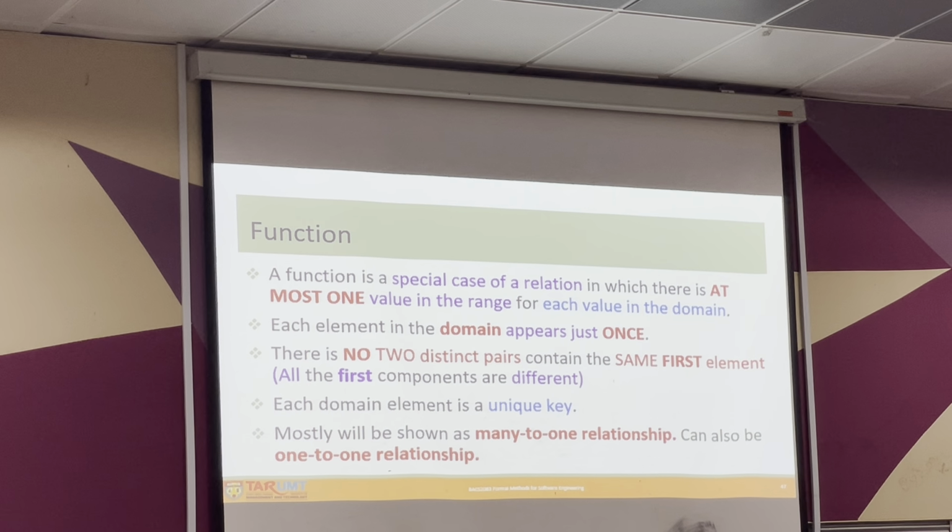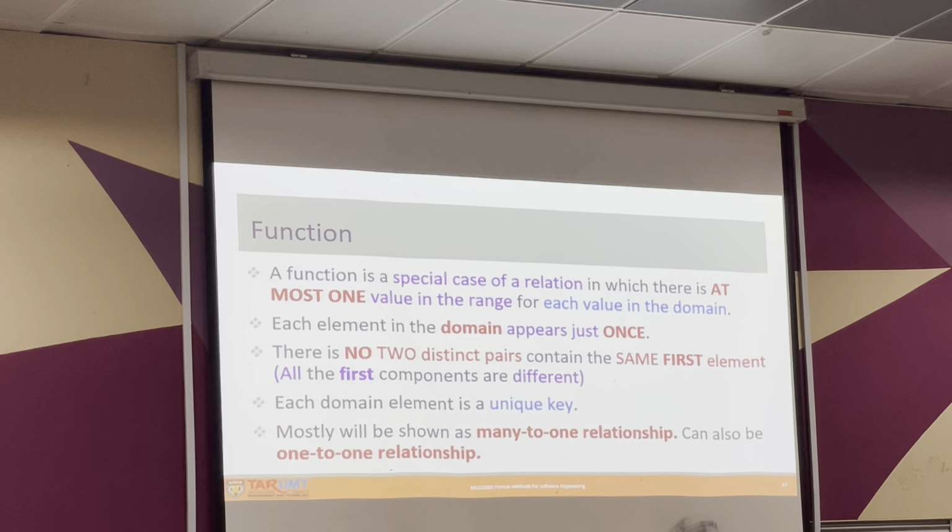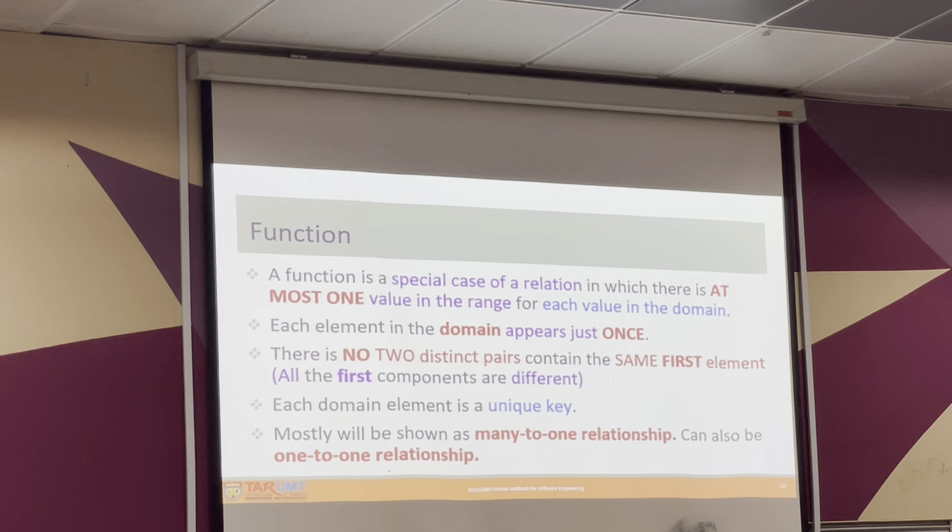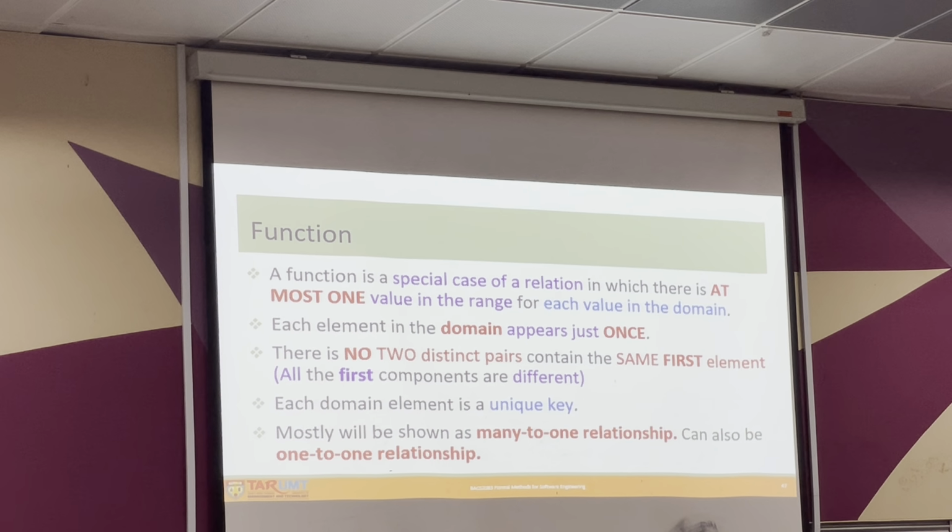Now, from your assignment, you put the Cartesian product, right? So you may ask me, which one do I need to have? Is it many-to-many or what? This is where you look at your relationship, your Cartesian product that you have done last week. If it is one-to-many, swap it, make it many-to-one.